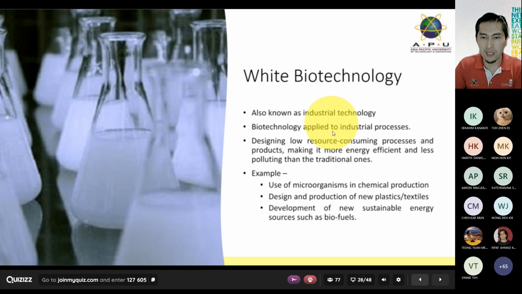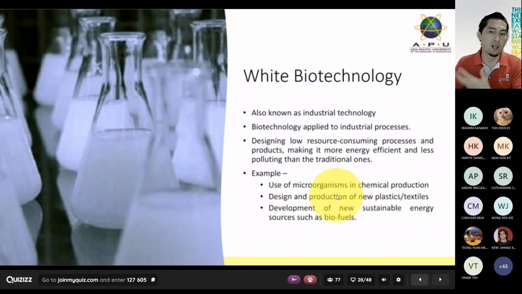As you can see here, they design low resource consuming processes, making it using fewer materials so that it can run on lower heats. The process is much faster. White biotech is more concerned about those things. Some examples are given down here, using microorganisms in any type of chemical production to speed certain processes up sometimes.